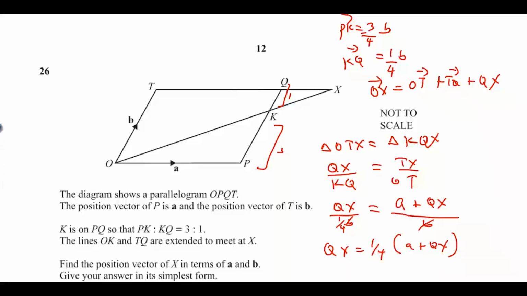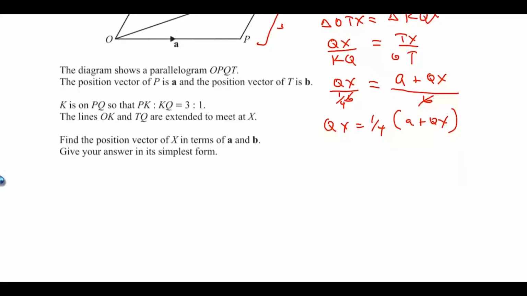Let's scroll down a little bit. So from there I can have QX equal to 1 over 4A plus 1 over 4 QX.